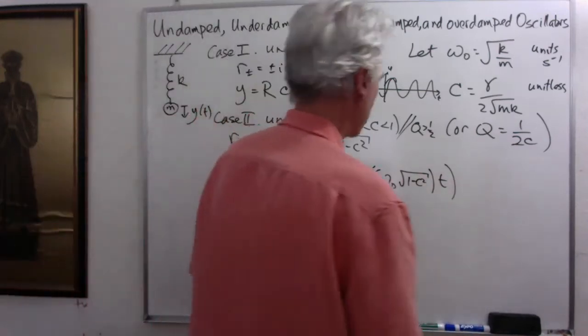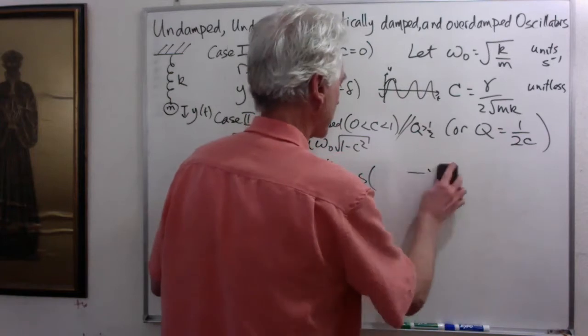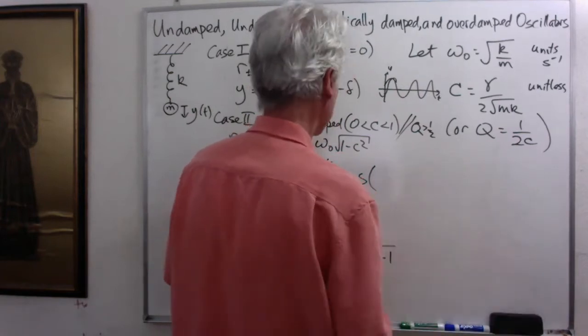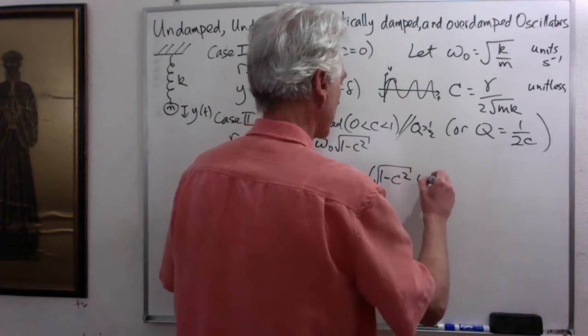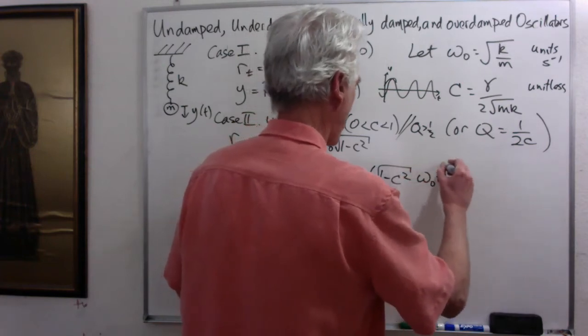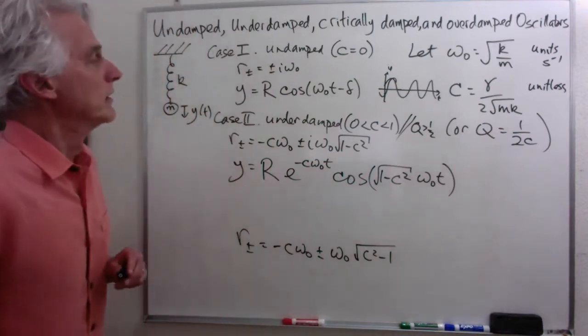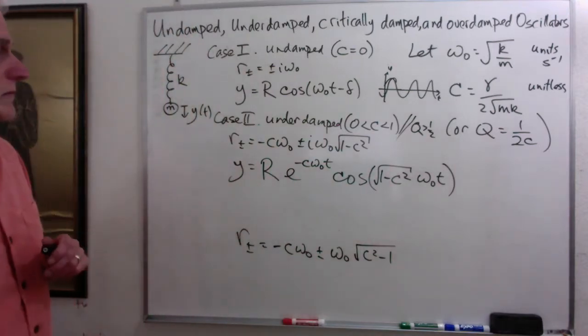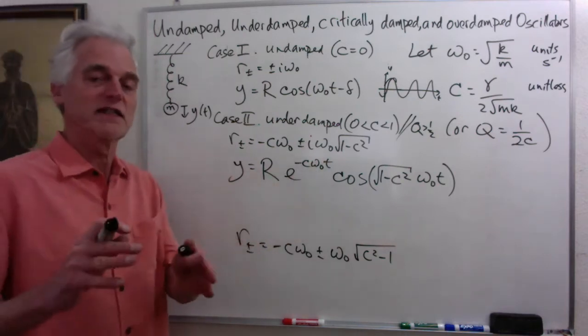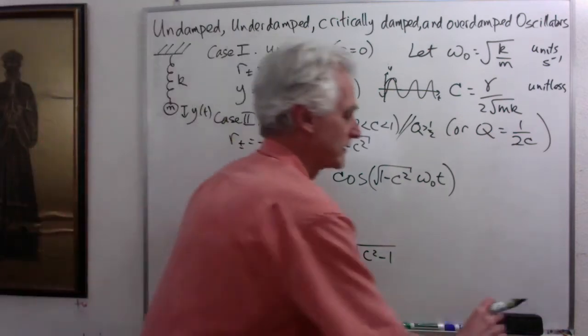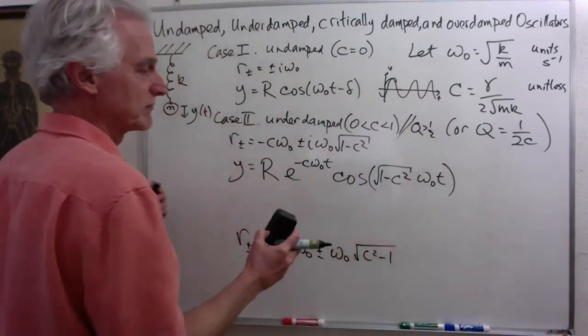I'm going to actually write it a little bit differently. I'm going to put the omega naught t together. This is the square root of 1 minus c squared times omega naught t. Okay. All right. So one of the things that happens in this is omega naught t always comes together. It always likes to be together.